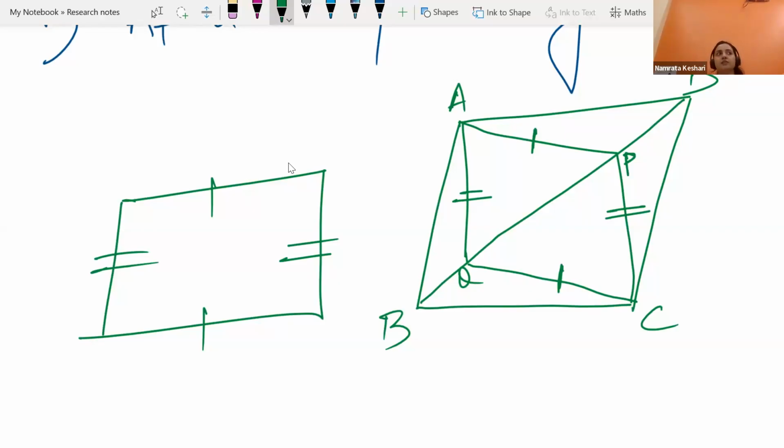There doesn't exist any quadrilateral whose opposite sides are equal but is not a parallelogram. That will never ever happen. If you have a four-sided polygon where opposite sides are equal, side AB and side CQ are equal in length, and side AQ and side CP are equal in length, of course it's a parallelogram, right?